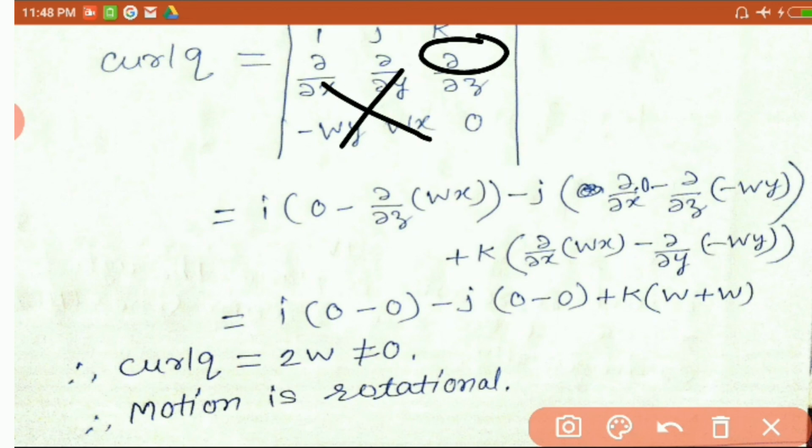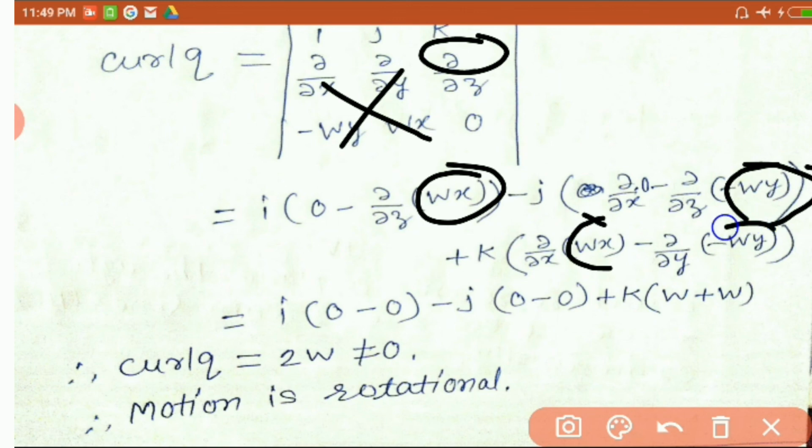So what do we get? The derivative of this with respect to z is 0, the derivative of this with respect to z is 0, the derivative of wx with respect to x is w, and the derivative of minus wy with respect to y is w. This minus minus will be plus, and this will be plus k.